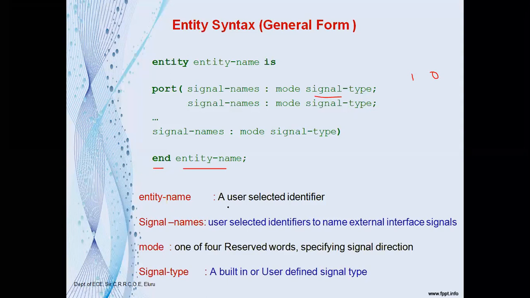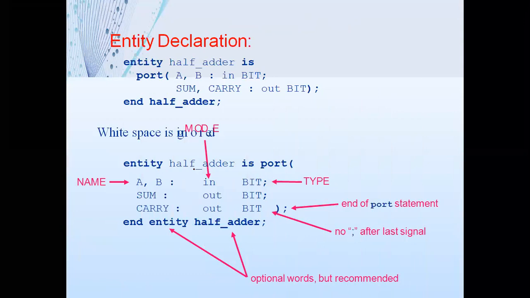Now here you can see an example for the entity declaration. In this example, we have considered the entity name half adder. We know what a half adder circuit is.